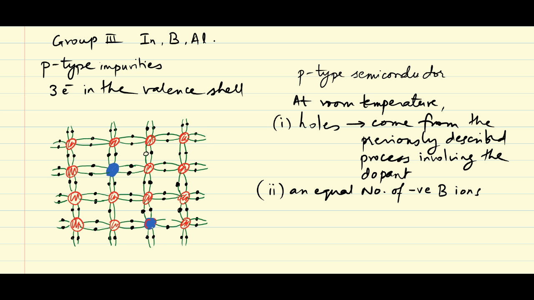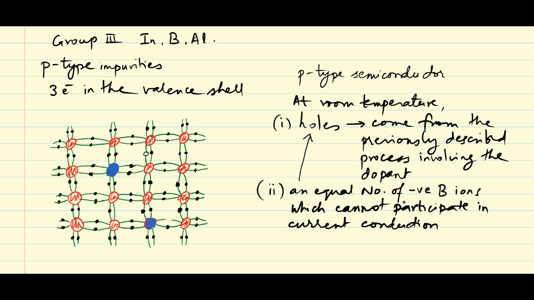That is, the number of boron ions will be equal to the number of these holes. Of course, that's a requirement of charge neutrality. And what's more, these negatively charged boron ions cannot participate in current conduction, because although they carry charge, they are fixed. The charge is fixed to the boron ion, it's not mobile.